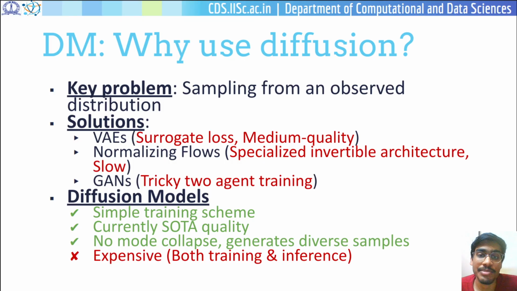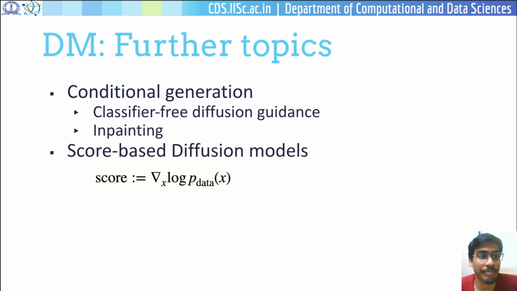The training is more stable than GANs, and they also provide diverse samples as opposed to GANs that suffer from mode collapse. However, they are quite expensive in terms of training and inference, and this is an active area of research, and there are some seminal works in that area as well.